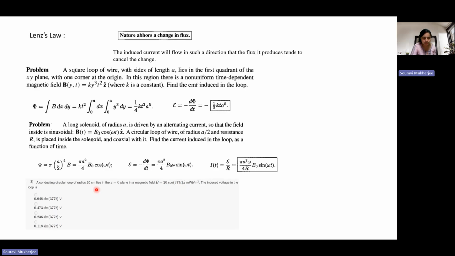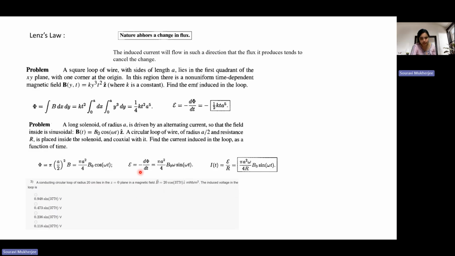Pi into radius squared will be your area. Then you have to do dB/dt, a time derivative of this term. You can understand there'll be an omega coming out of cos omega t. When you do a time derivative, you get omega sine omega t. That, when multiplied with the area, gives you the rate of change of flux, and that is your induced voltage. So you can try to solve similar to this.